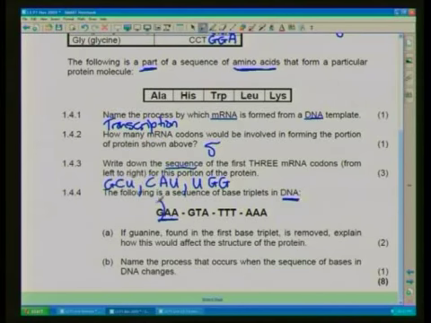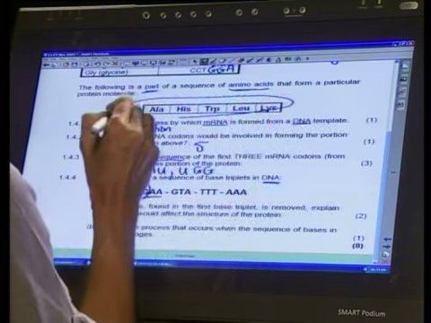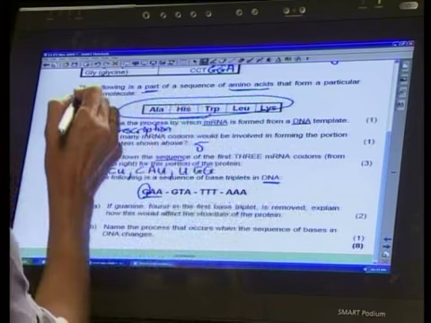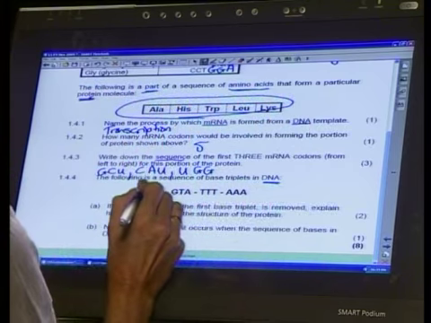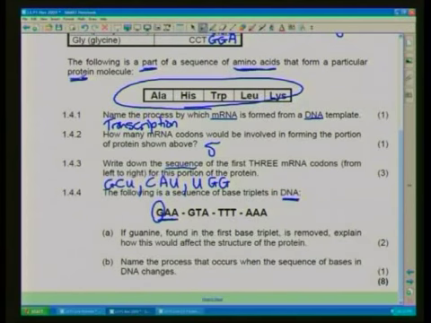Because remember, this part here is a piece of the protein molecule. Now we change this G here. How is that going to affect the protein? The protein is going to be changed. So the protein will be altered. Or you could say the protein would be changed and result in a different protein.